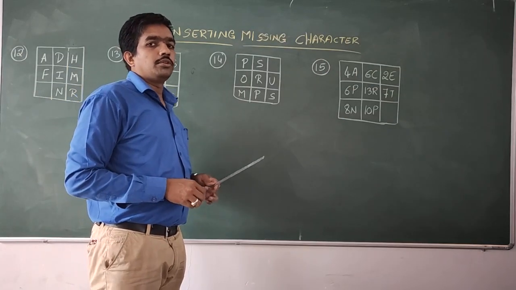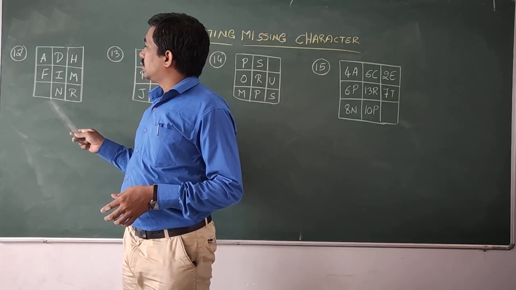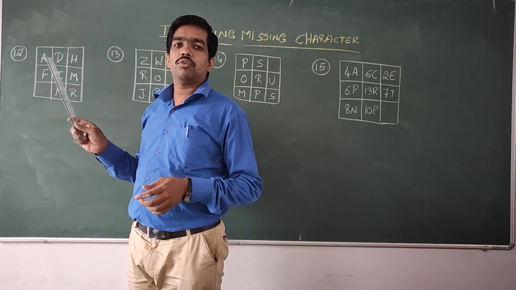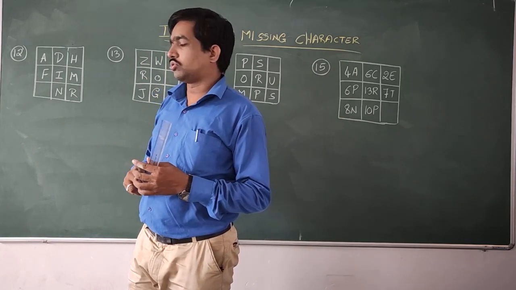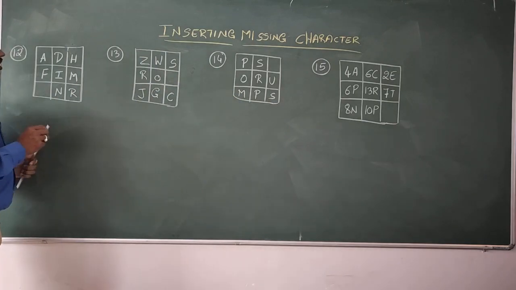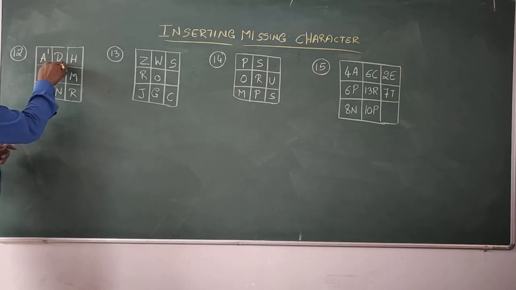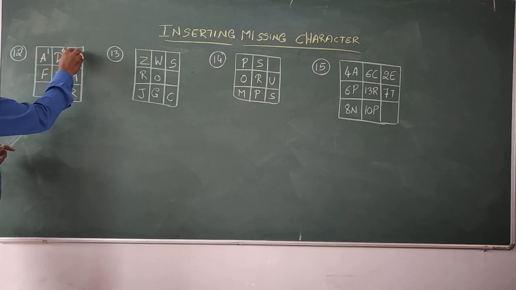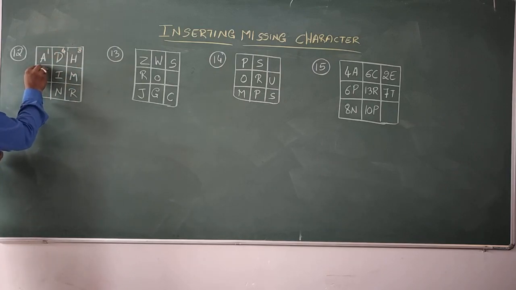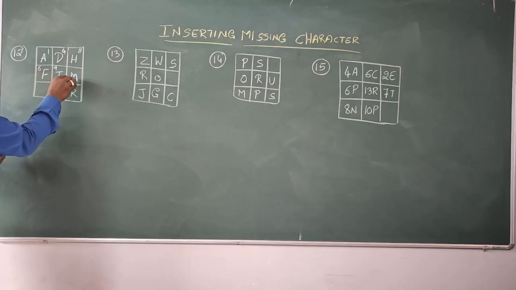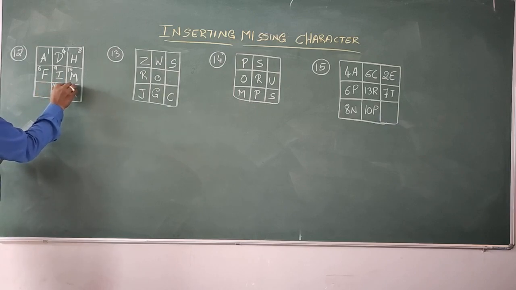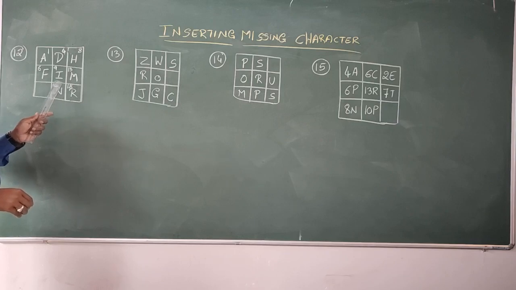So coming to our next question, this is also given in square, but these all are given in alphabets. So let us see how to solve this question. So see here we have to know the numbers of alphabet here. So first see A means 1, D means 4, H means 8, F is 6, I means 9, M means 13, N means 14, R is 18. So these are the numbers of the given letters.